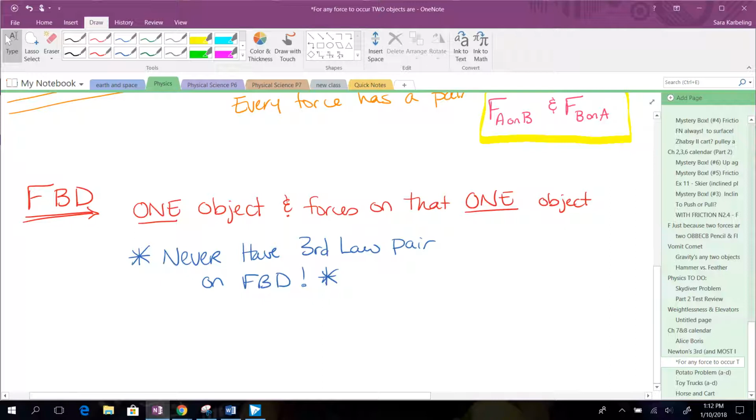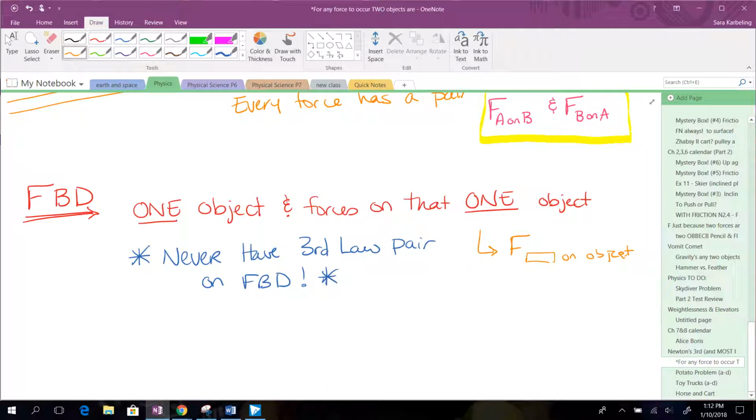And this is why I want to have this conversation. So the free body diagram labels, let me write this down too, will always be the force of something on the object. Does that make sense? The force of the floor on that object.